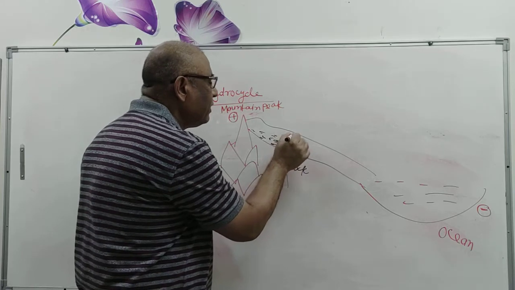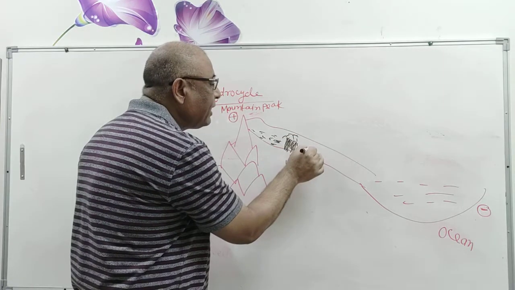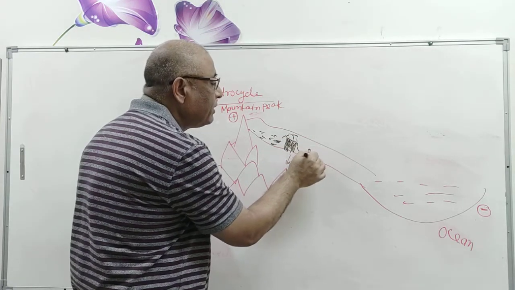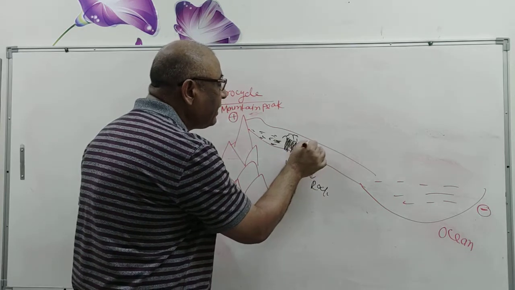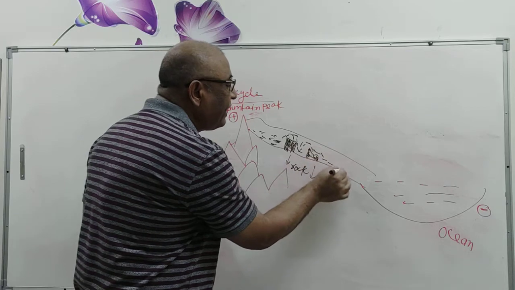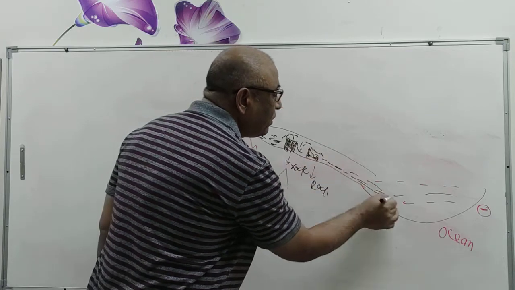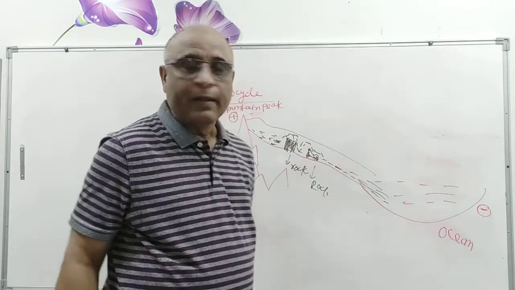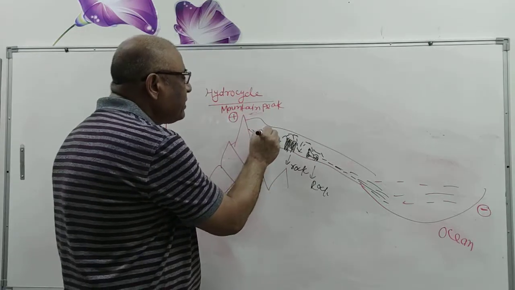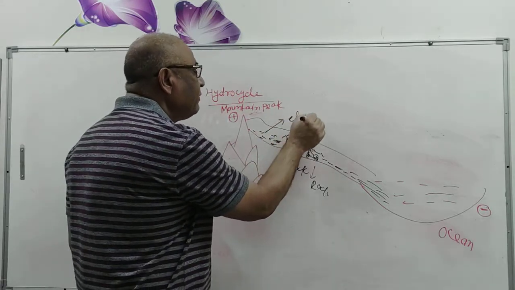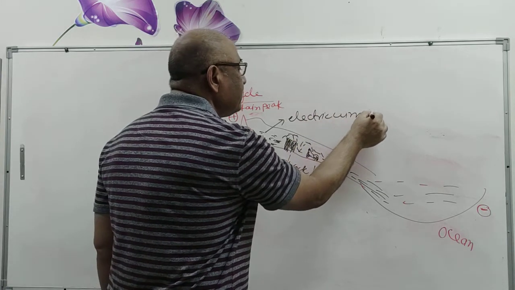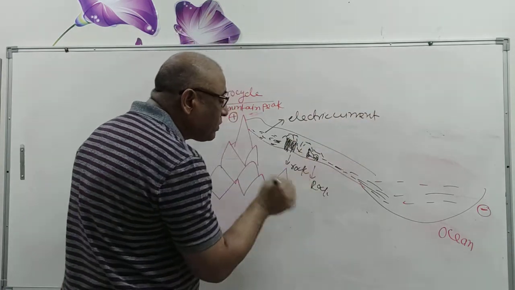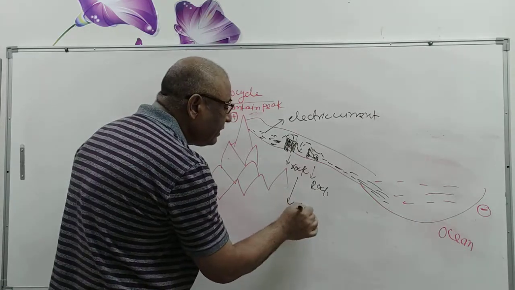And the water goes like this, and again another boulder, another rock, and finally the water goes to the ocean. This flow is electric current. Flow of water is electric current. These big rocks are nothing but resistance in the path of the water.